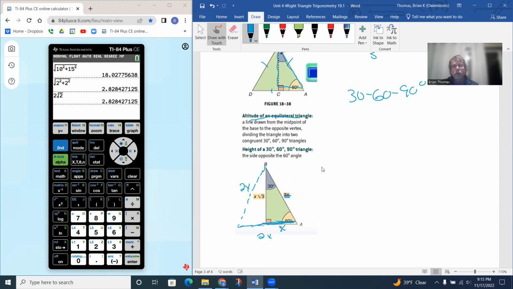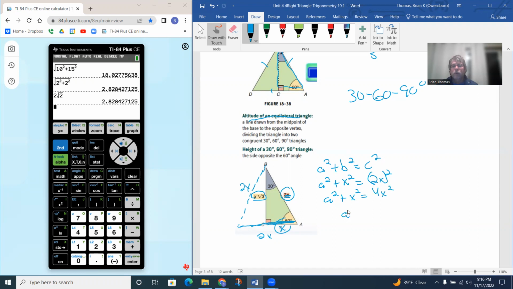Now, the other thing we can pick up on is, if we use the formula a squared plus b squared is equal to c squared, we don't know where this is coming from. But what I can do is use this and this because we do know those. This is going to be a squared plus x squared is equal to 2x squared. So this is going to be a squared plus x squared is equal to 4x squared.